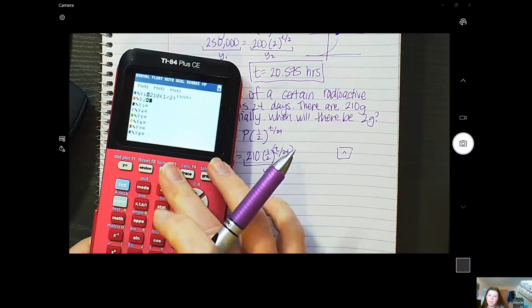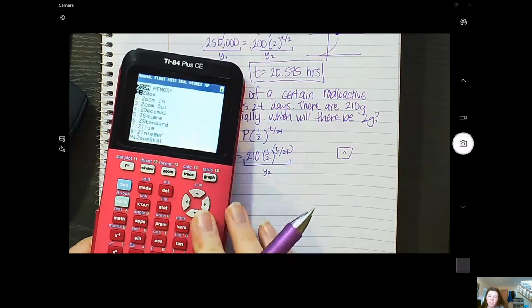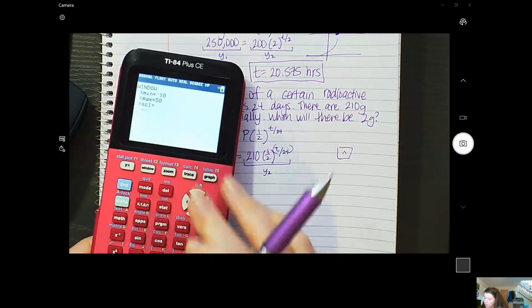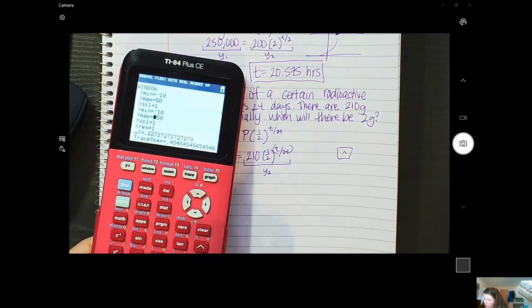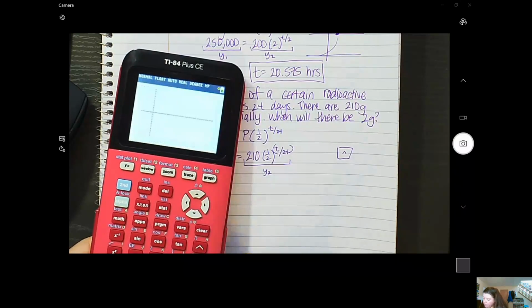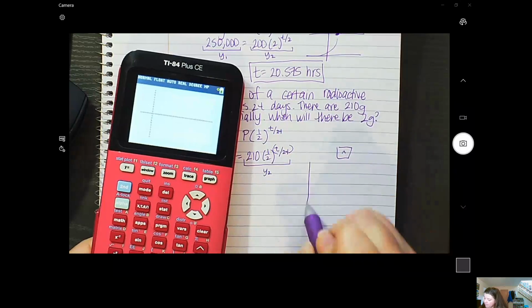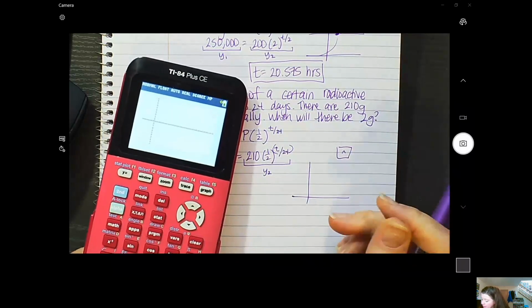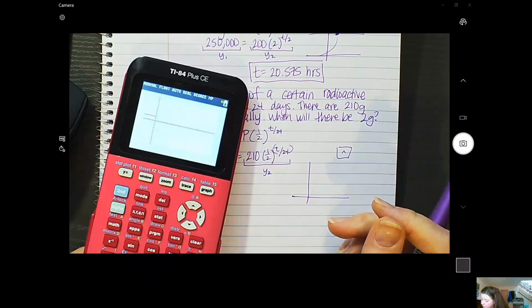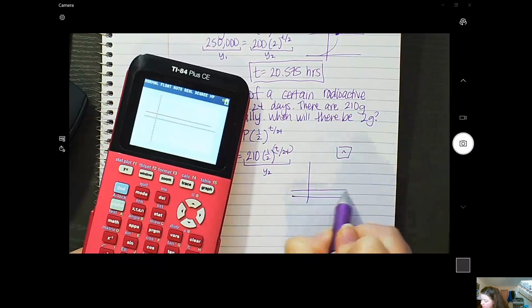Okay, so now I'm going to graph it, but I'm going to adjust my window a little bit. Oops, window. I don't need to see all the way up to 850. Let's see. There's that flat line.